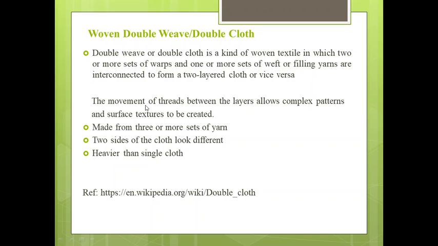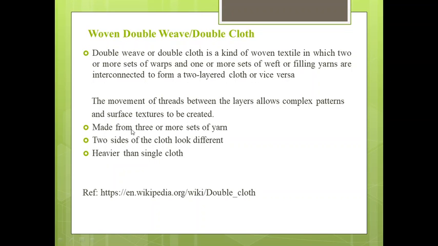Since there is complexity in the mechanism, the movement of threads between the layers allows complex patterns and surface textures to be created in different forms.